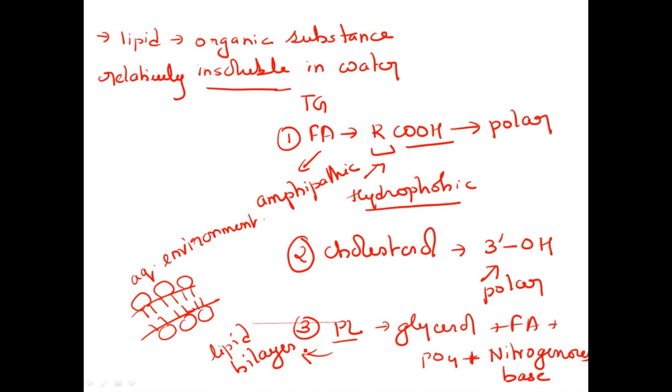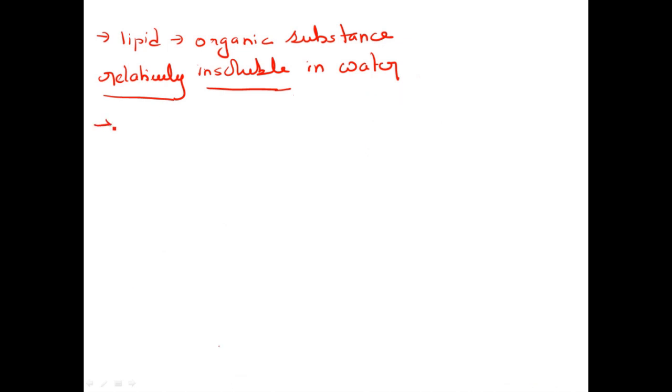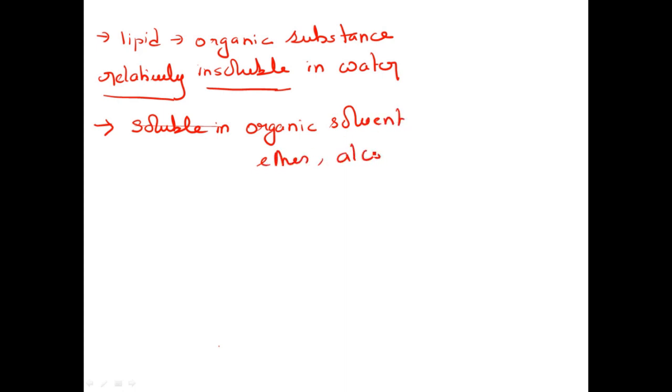So phospholipid is also amphipathic in nature, whereas triglyceride is totally non-polar in nature. So that's why it is called relatively insoluble in water. So lipids are relatively insoluble in water, but lipids are soluble in organic solvents. Organic solvent means a solvent that contains carbon, like ether, alcohol, etc.